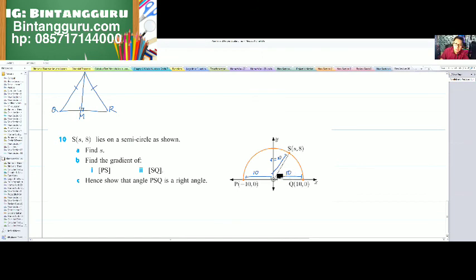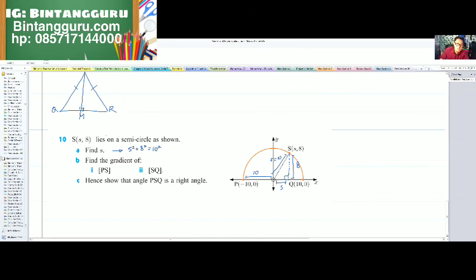However, we have to find S. So we draw a circle. Oh, not the triangle. So this is 8, this is S. We have to use the Pythagoras theorem that we have learned before. S squared plus 8 squared equals 10 squared.